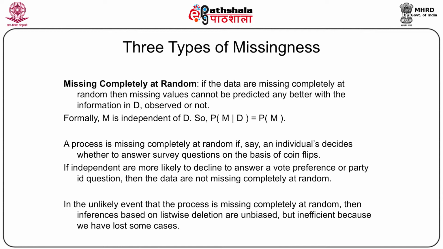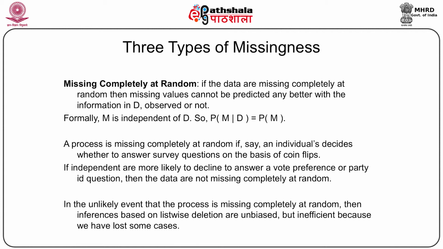A process is missing completely at random if, say, an individual decides whether to answer survey questions on the basis of coin flips. If independents are more likely to decline to answer a vote preference or party ID question, again in the connection of the voting where we had three parties and independent is the third, then the data are not missing completely at random.